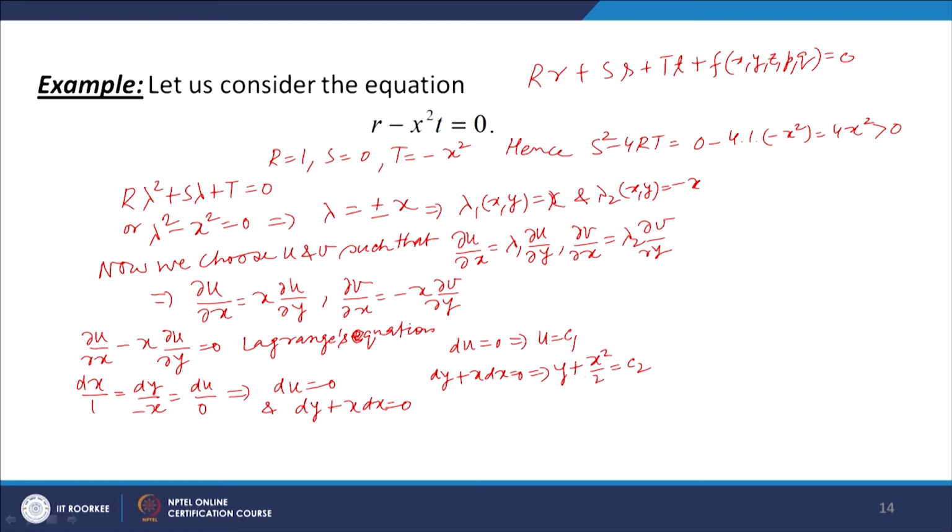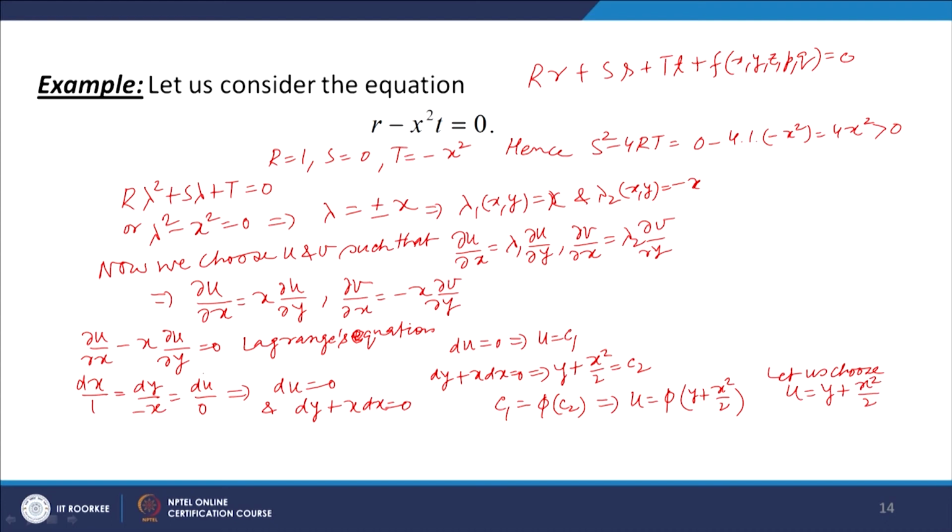Now, C1 is a function of C2, so we can write C1, which is u, equal to phi of y plus x square by 2, where phi is an arbitrary function. Let us choose u to be equal to y plus x square by 2.